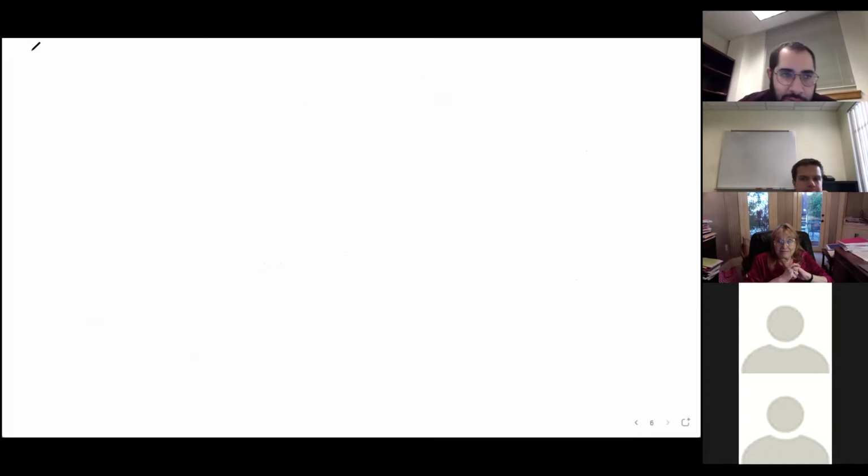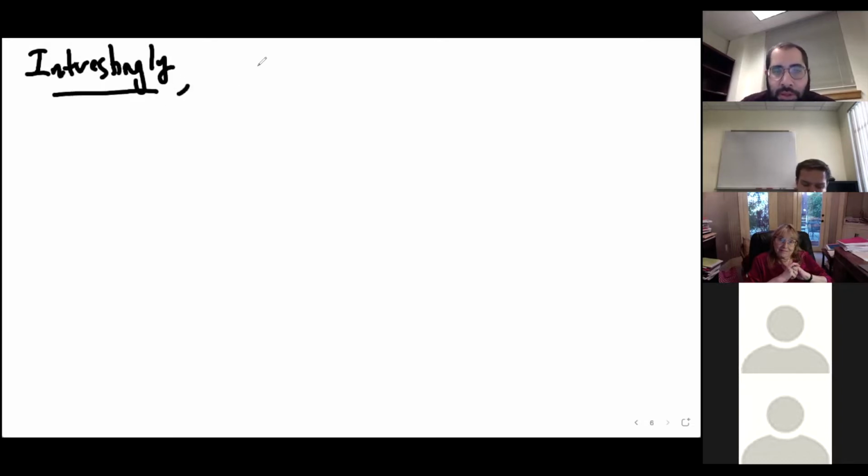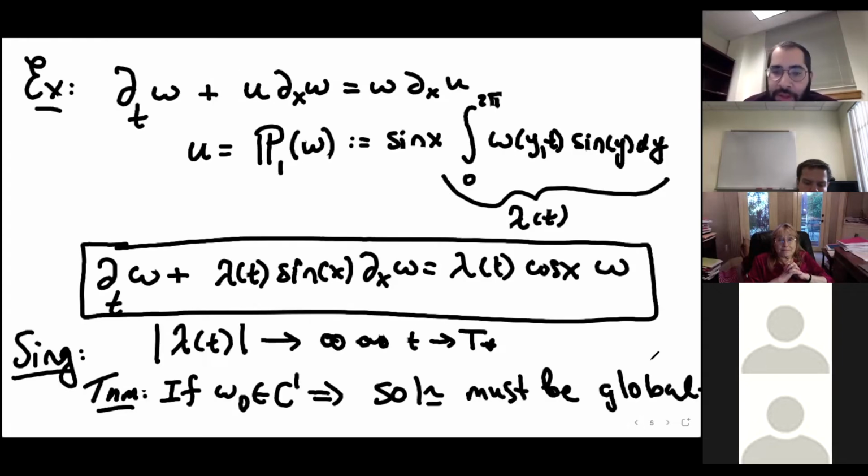Now, interestingly, if you consider the same equation, if omega 0 is just in C1 minus alpha, just barely below. So remember that for 3D Euler and for this equation also, you have local existence once the vorticity is slightly better than L infinity. But you notice that I put here C1, the global existence in C1.